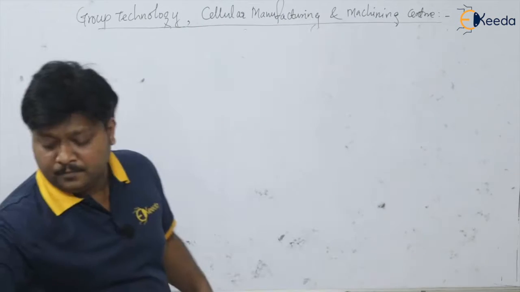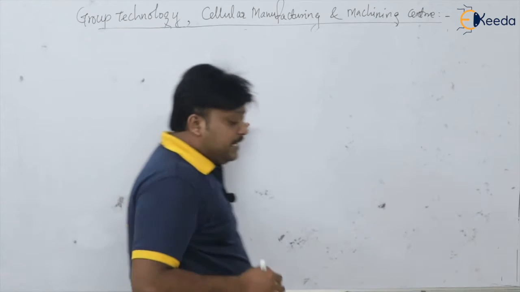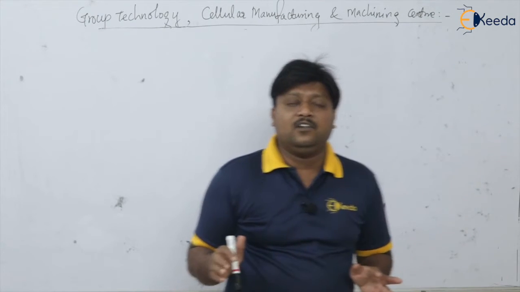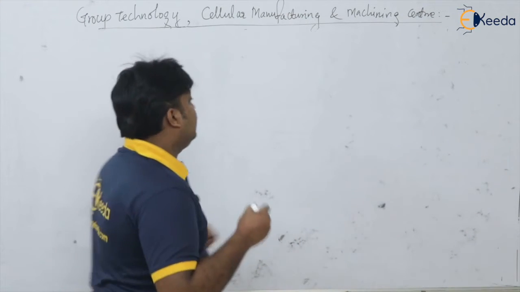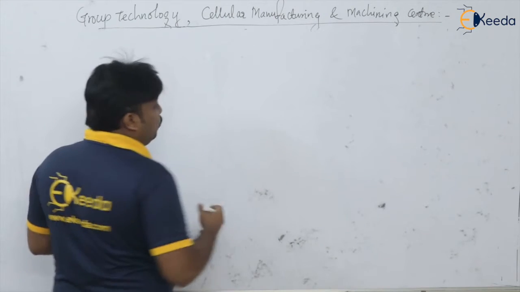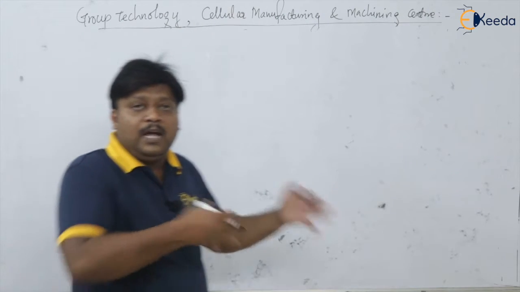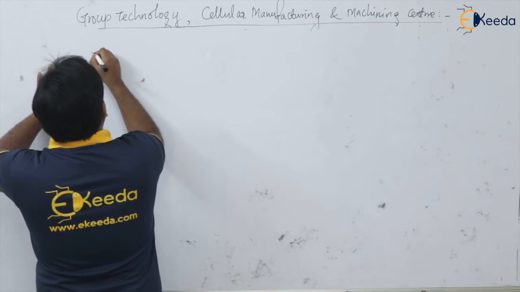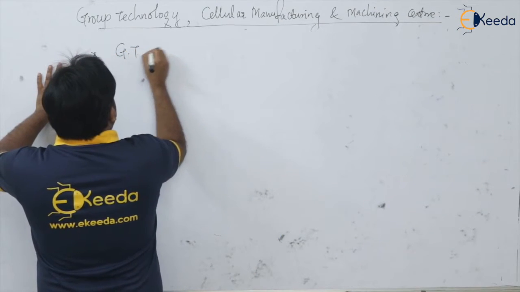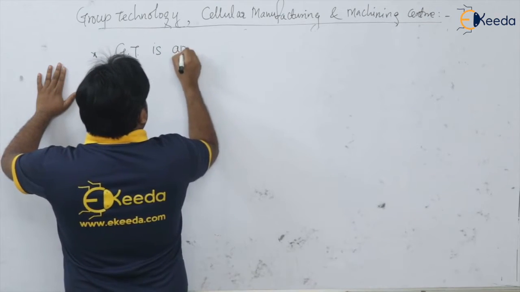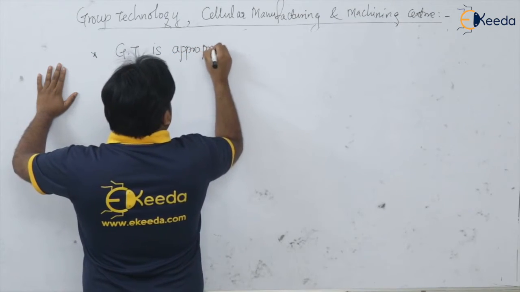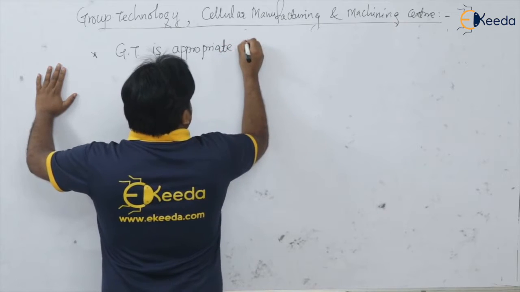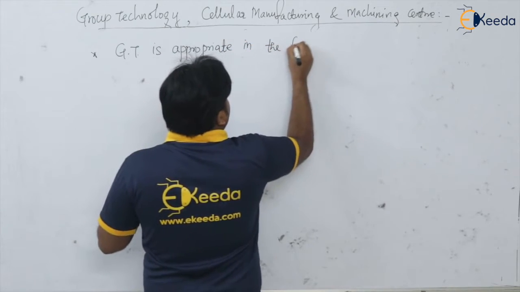Okay, now after looking at the basics of group technology, the question is which conditions are more appropriate to have group technology. So I can write here the heading: the group technology is appropriate in the following conditions.